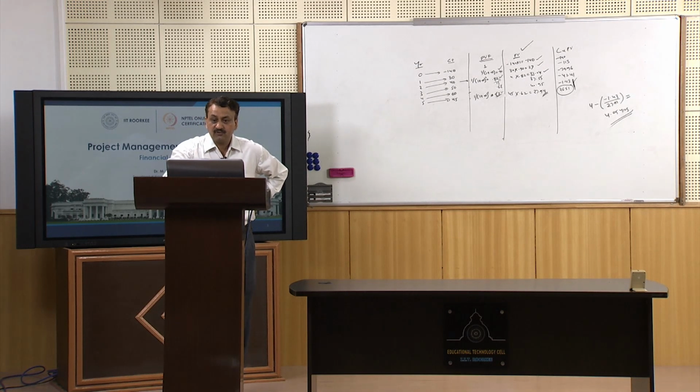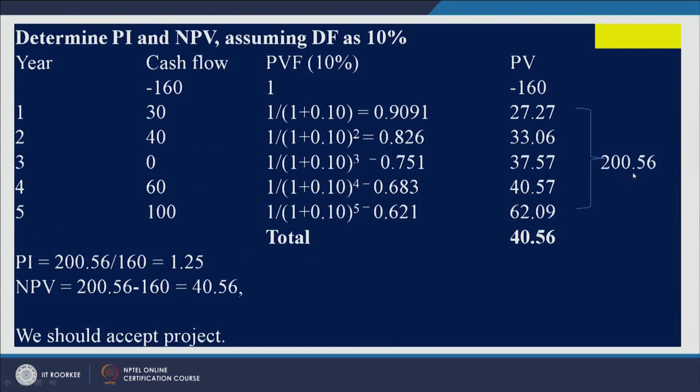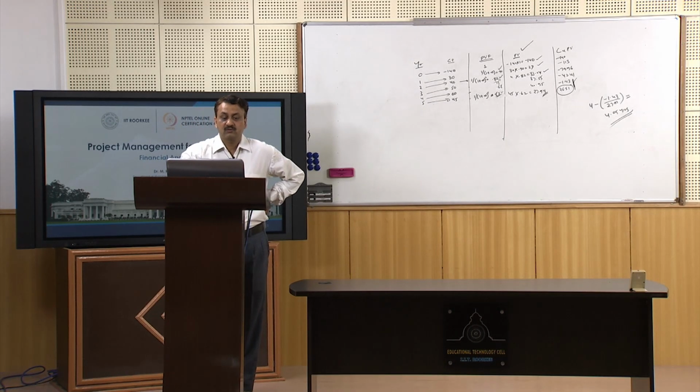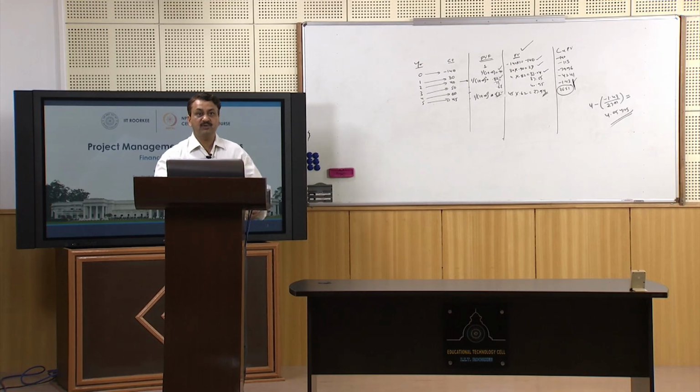The sum of all these positive cash flows is 200.56. So what is the total present value? It is this value minus 160, or you just add all these values and you will get 40.56. So what is the NPV of this particular project?